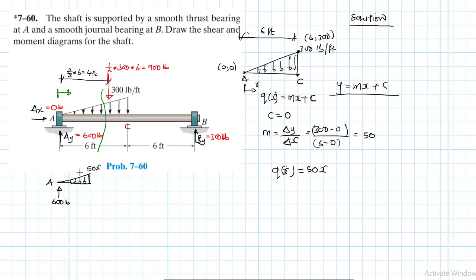All right, and therefore our equivalent force for this one is just going to be equal to, since we are moving from there to there like this, and this is our x, this is going to be equal to half times 50x times x, and it is giving us 25x squared.